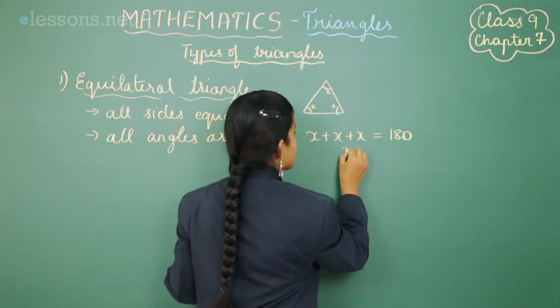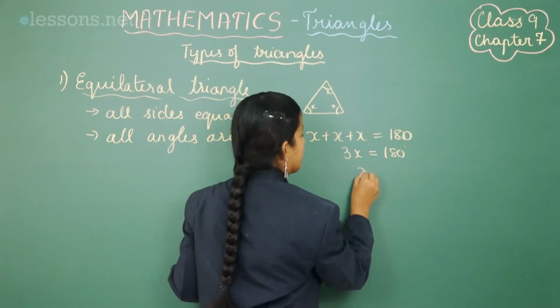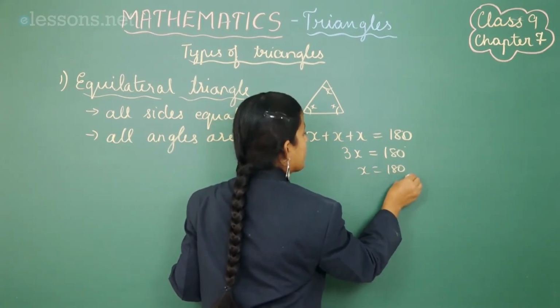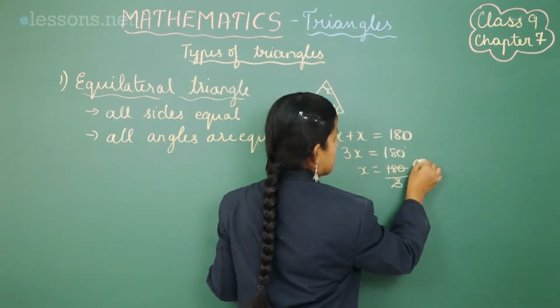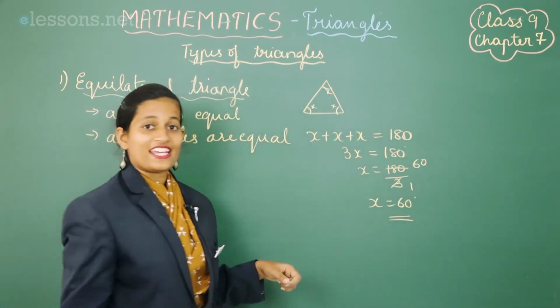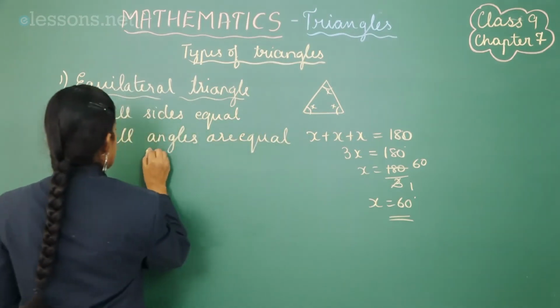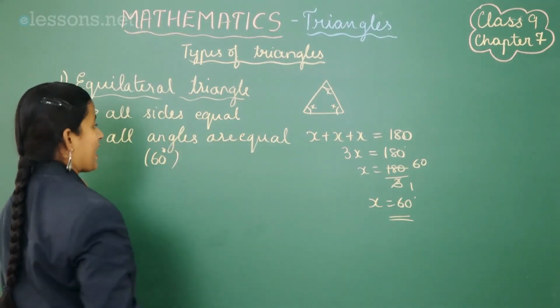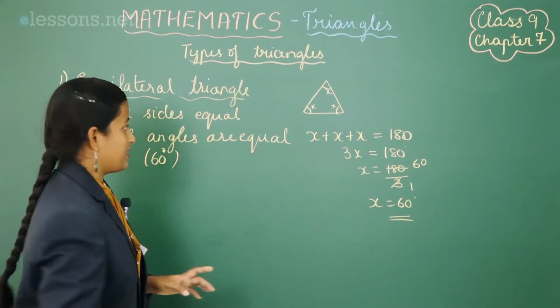What is x plus x plus x? Nothing but 3x. 3x is equal to 180 degrees. So x will be 180 divided by 3. Three 60s are 180, so x is equal to 60. So in an equilateral triangle, all the angles are 60 degrees each.